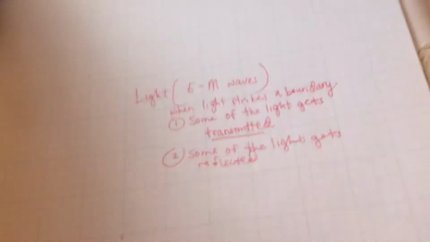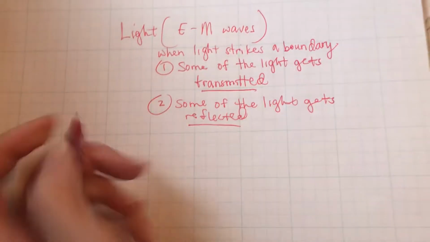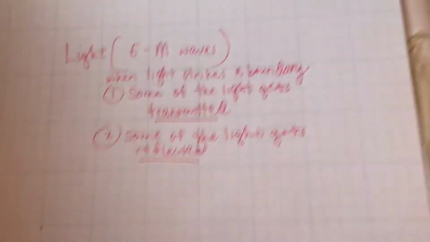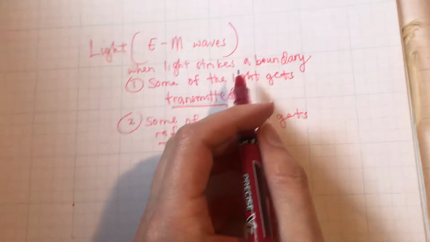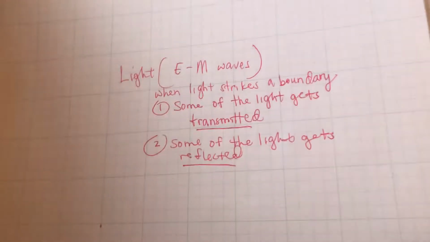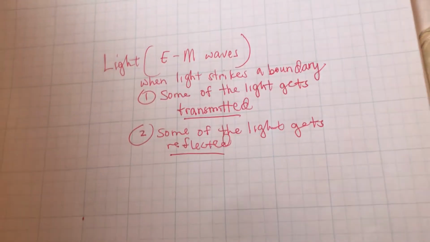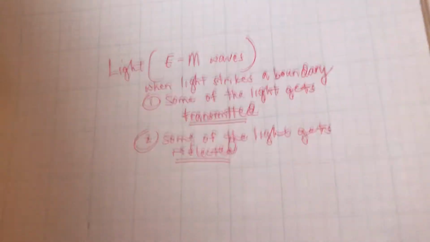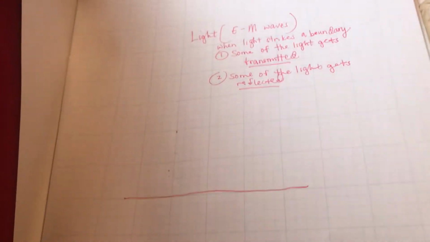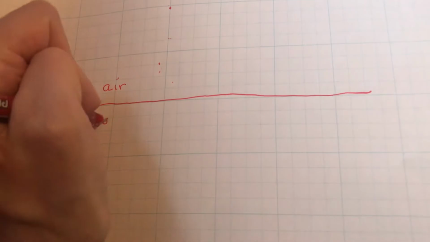Okay, so I want to draw you a little diagram of both of these phenomena. And before I do that, I just want to talk about what a boundary means in the context of light. Well, a boundary in the context of light could be the boundary between, for example, the air and water.